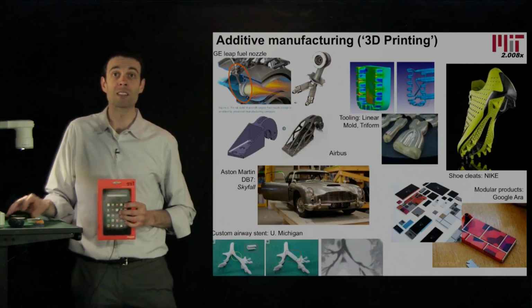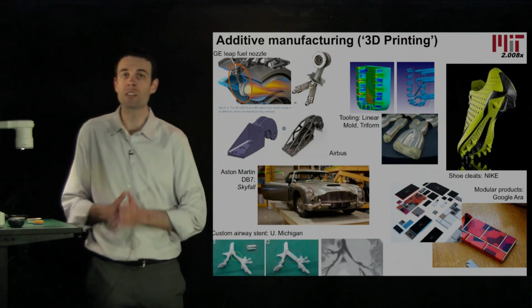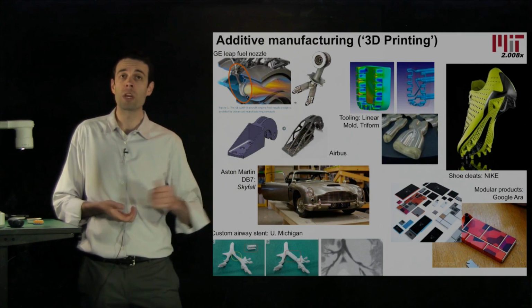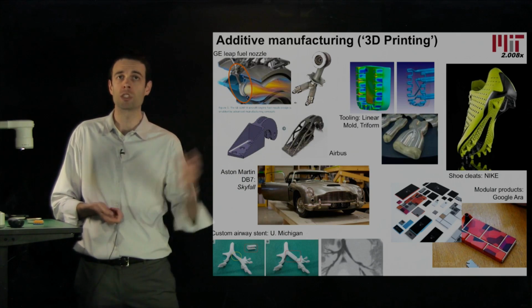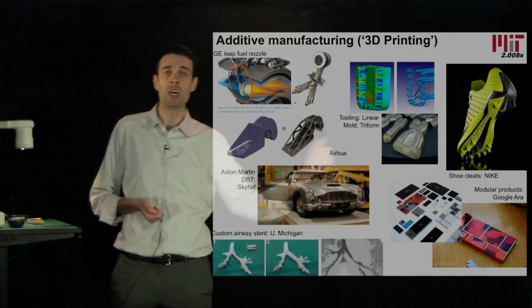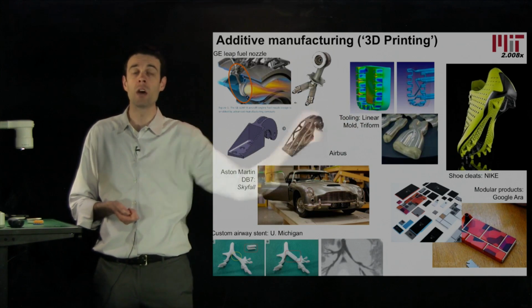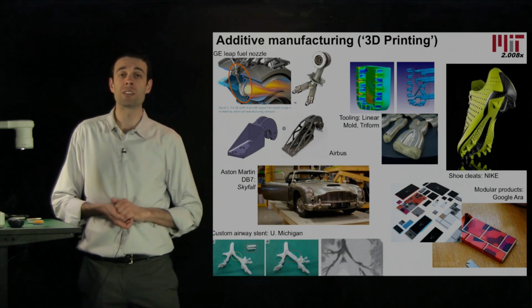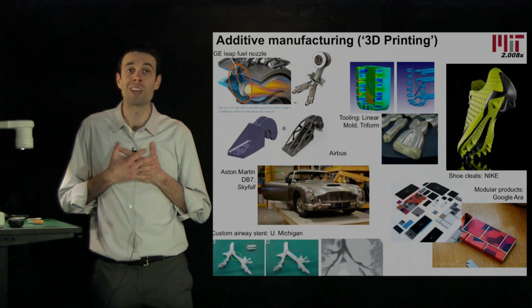Now, another thing I'm really excited about is 3D printing, aka additive manufacturing. And we'll spend some time on this later, but across industry, we're excited about 3D printing for pretty much every material and many different applications, from jet engine parts to shoes to enhanced performance tooling for making injection molding, like Lego, more cost-effective and faster, to things like personalized medical devices, where you can make a custom stent and implant it in someone's chest, perhaps to save their life.